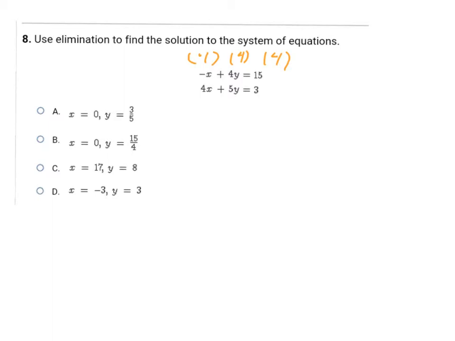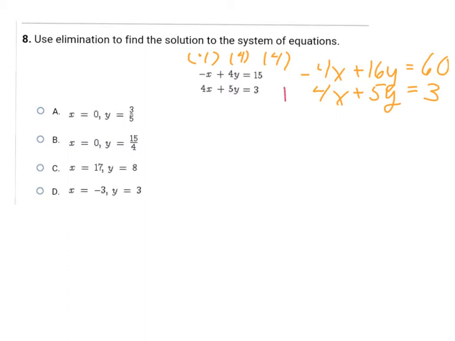When I do that, my top equation becomes negative 4x plus 16y equals 60. And then my bottom equation, I didn't have to change, so it just stays the same. I'm going to rewrite it underneath to keep everything lined up. Now I have my opposite coefficients, a negative 4 and a positive 4, so I can just go ahead and add those two equations.